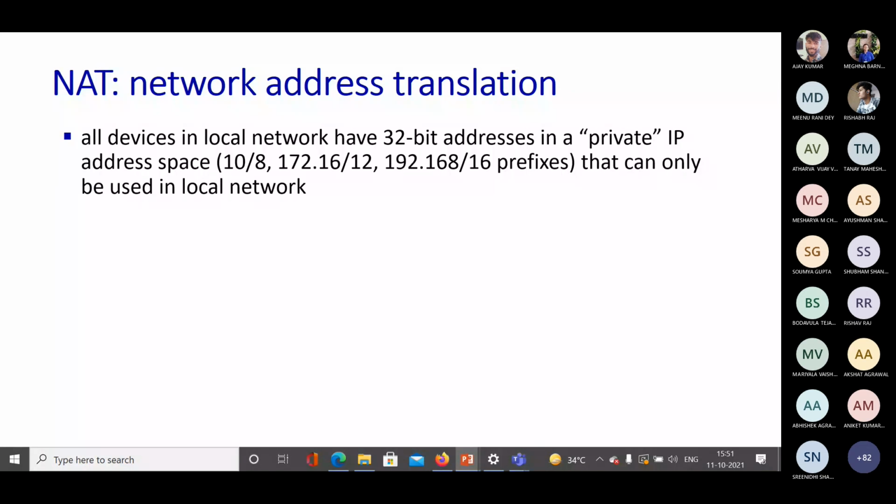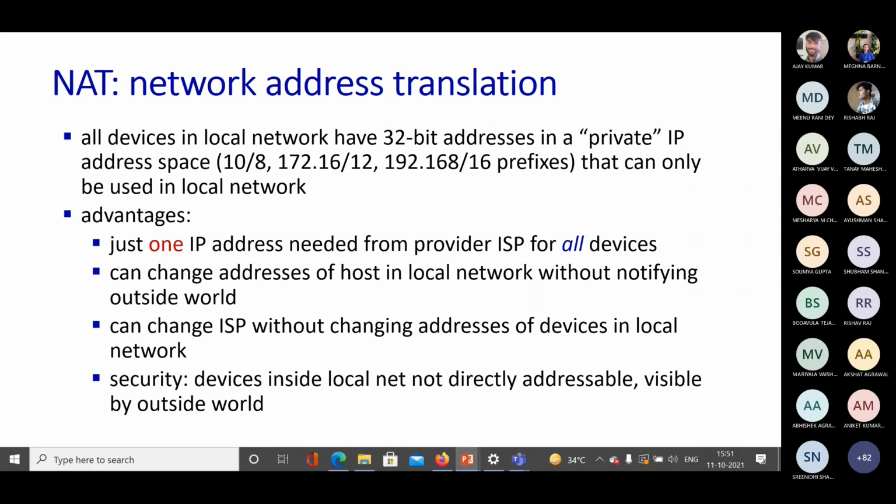Okay, so as I already mentioned, devices in the local network can have a private IP address space. We can start with 10.0.0.0, 172.16/12, etc. So what are the advantages that it gives?